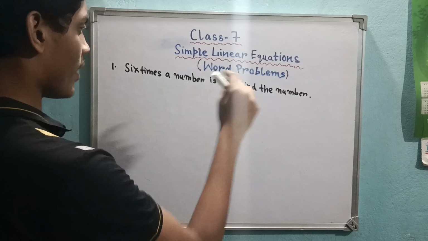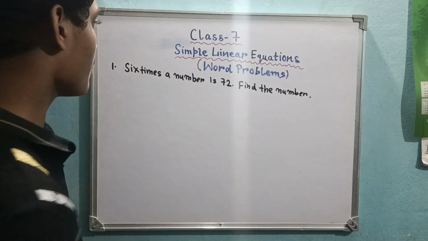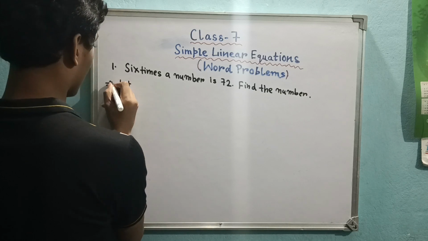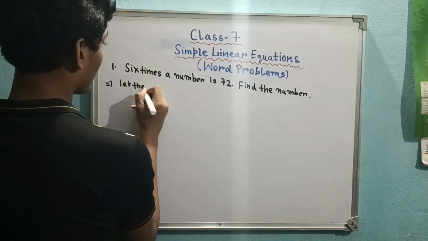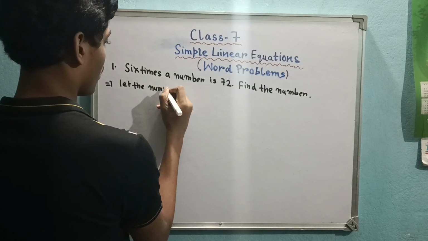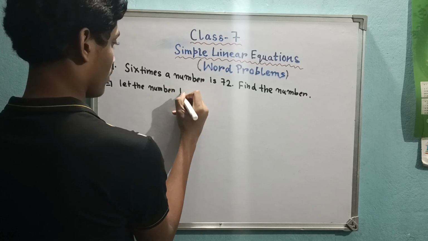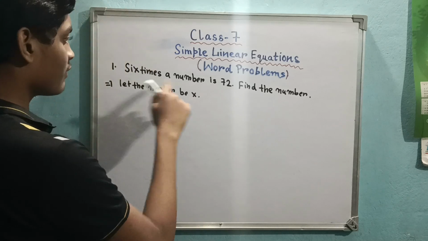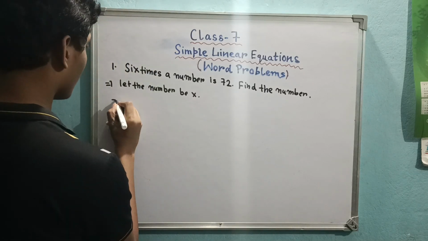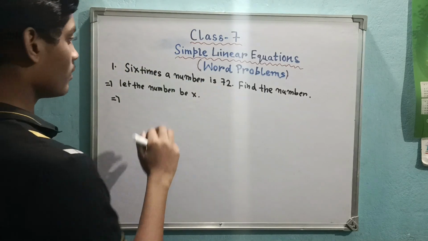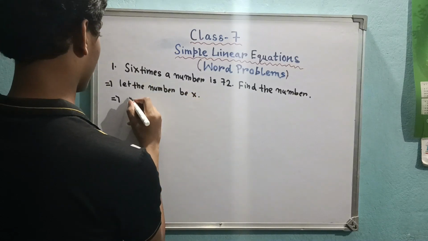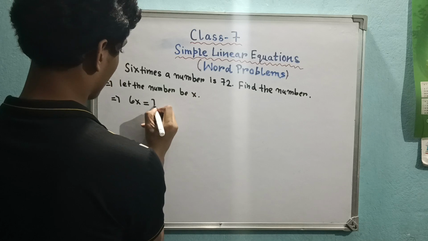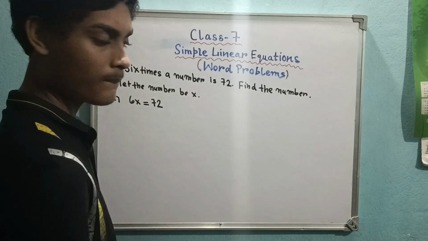So it has been told to find the number. Let us take the number as x. Let the number be x. Alright. So now 6 times the number. That means, according to the question, 6 times x will be equal to 72.